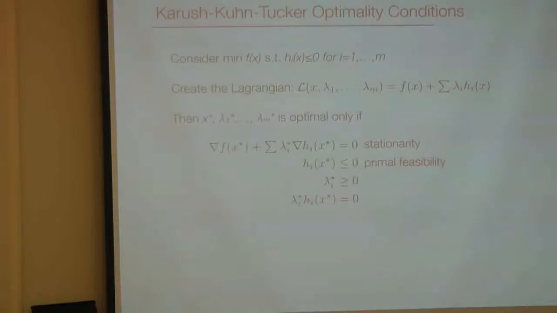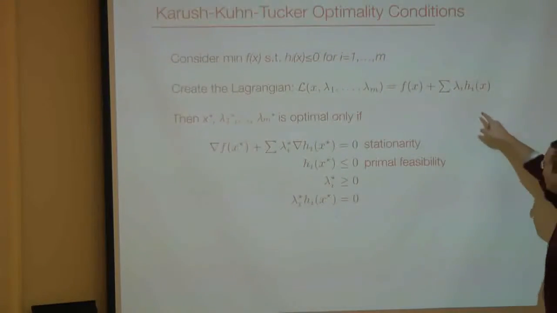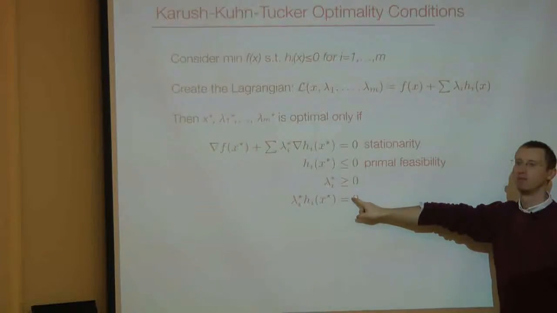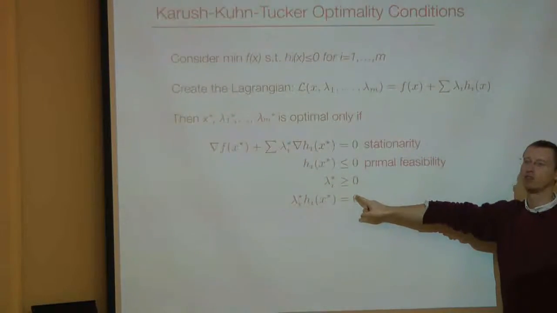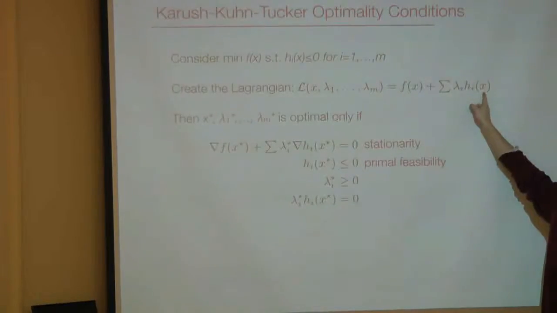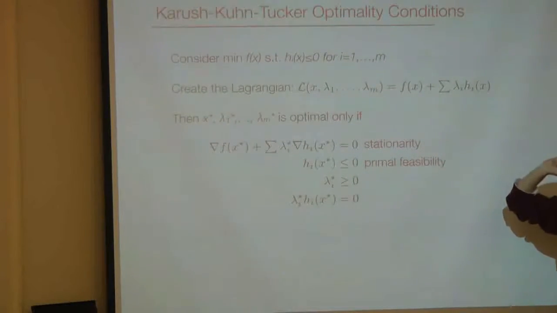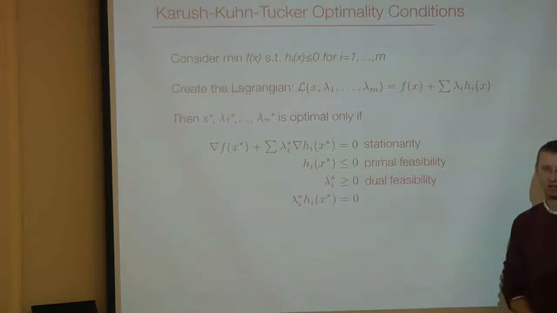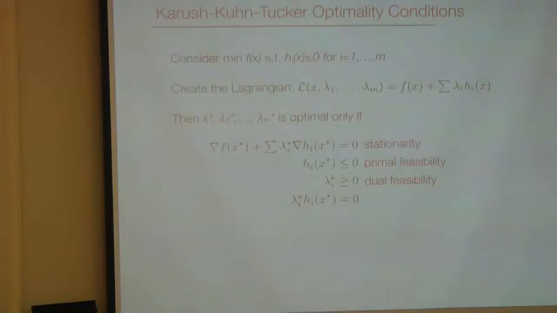It could be positive, it could be 0, it could be negative. When we have inequalities, the Lagrange multiplier can only be non-negative. Okay? So negative values of the Lagrange multipliers for inequalities are not allowed. And this condition is called the dual feasibility. We will talk about duality later in the course, but that's what is called dual feasibility.